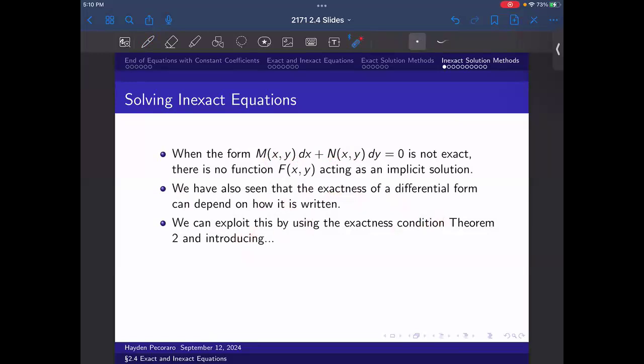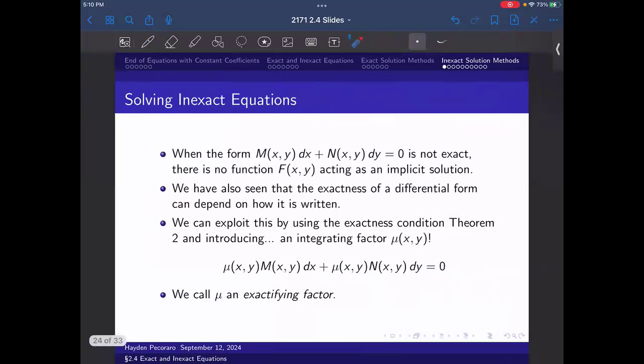So you can actually exploit that. Theorem 2 is what we can use, and we'll use your favorite buddy, the integrating factor. So multiply by something here that hopefully makes the exactness condition work. And for obvious reasons, this thing's called an exactifying factor.